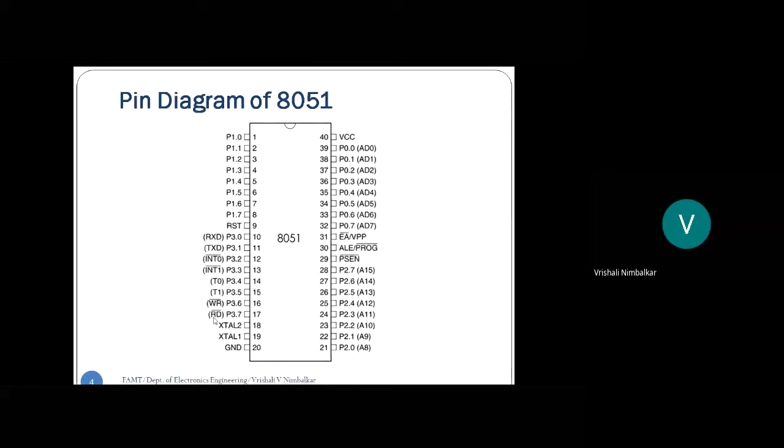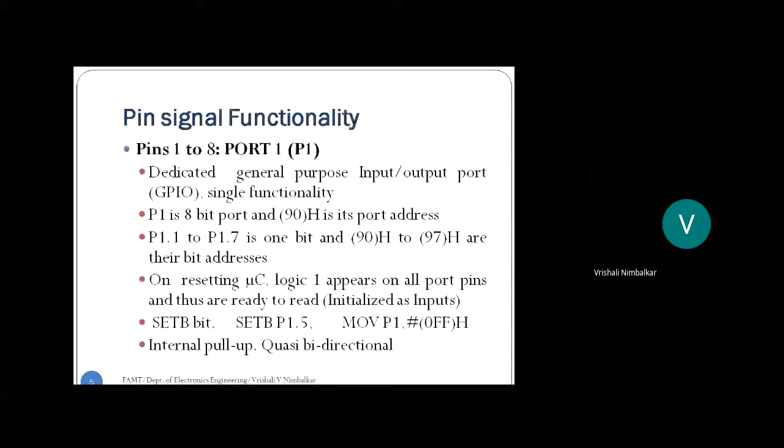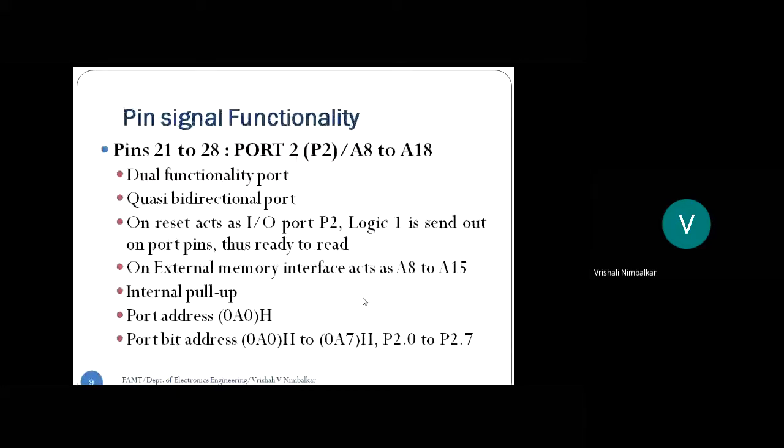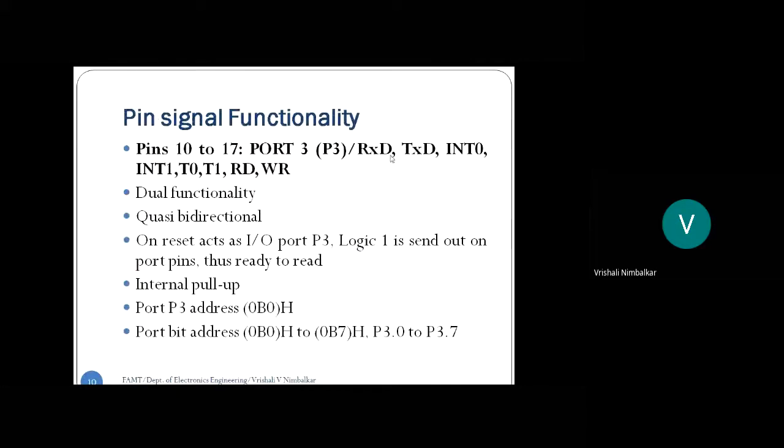So see, port 3 is associated with signals related to serial communication, TXD, RXD, signals related to interrupts, INT0, INT1, related to timers, T0, T1, and related to external memory interface, read-write. Correct? So port 3 is again a dual functionality port, either IO or any one of these.